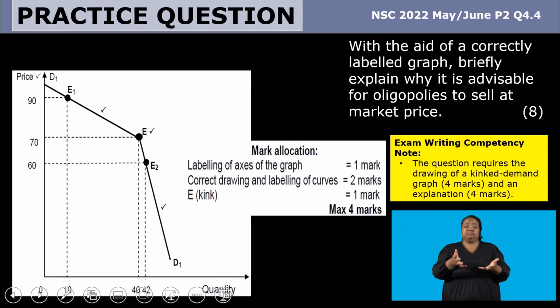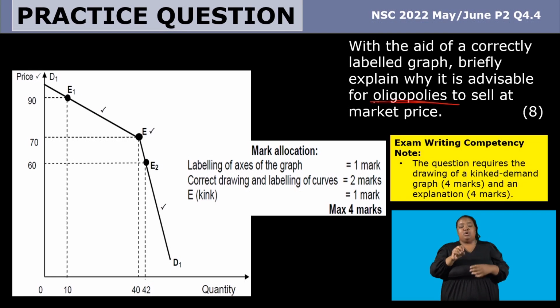Next question. With the aid of a correctly labeled graph, briefly explain why it is advisable for oligopolies to sell at a market price. The question does not say it should be a kinked demand curve, but because it's an oligopoly, we know the demand curve is a kinked demand curve.